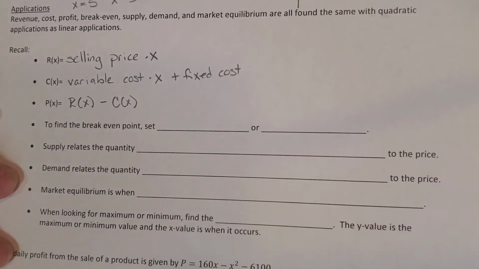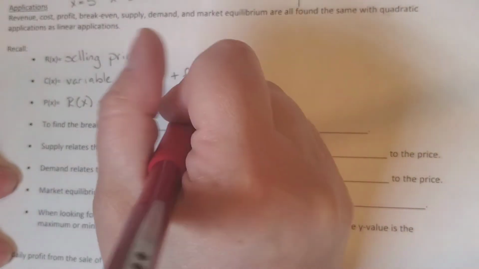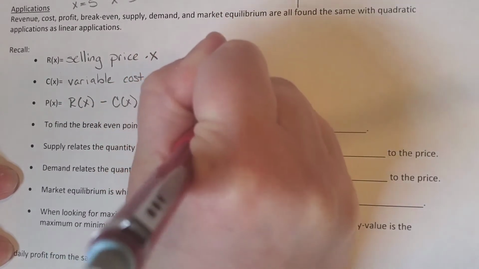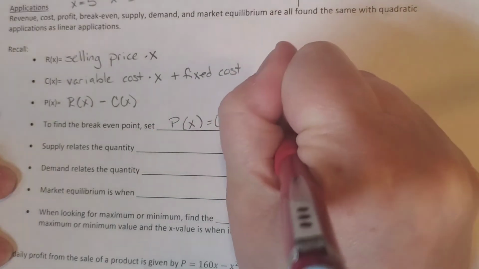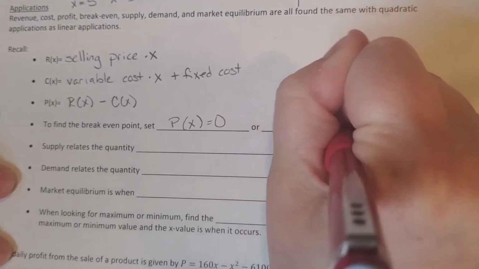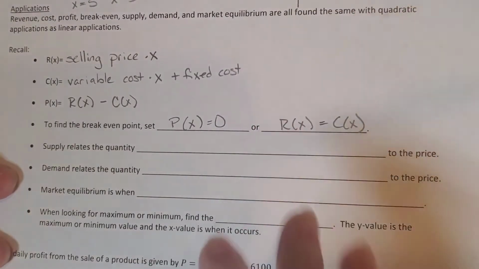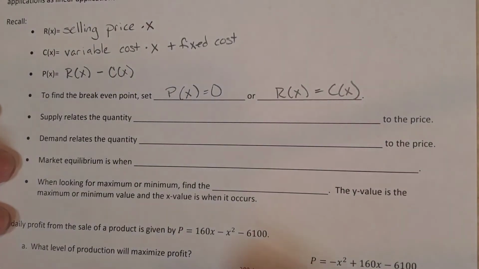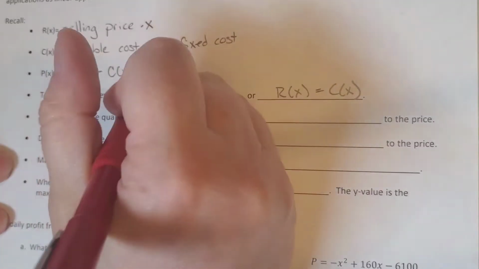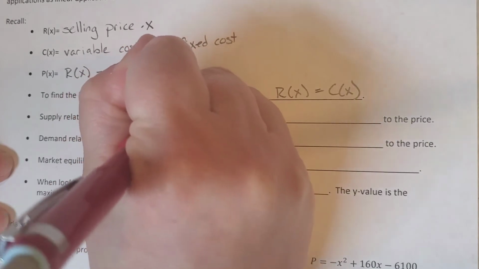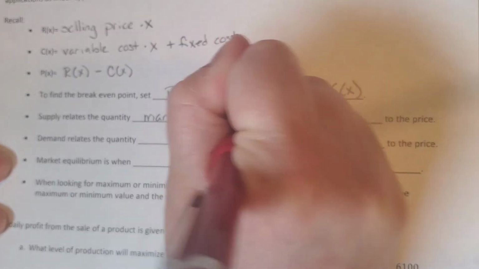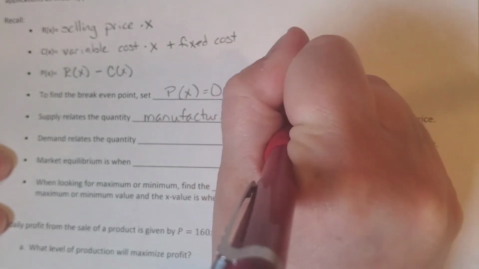We find the break-even point the same way. The break-even point was when profit was equal to 0 or when revenue was equal to cost. So either way gets us the same result. When we were looking at supply and demand, remember, supply relates the quantity that manufacturers produce to the price.